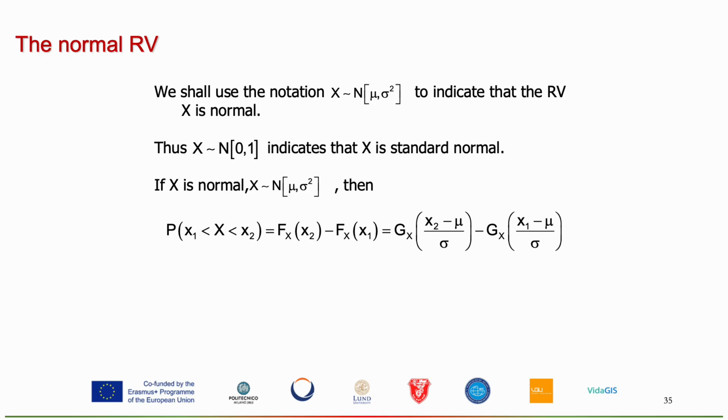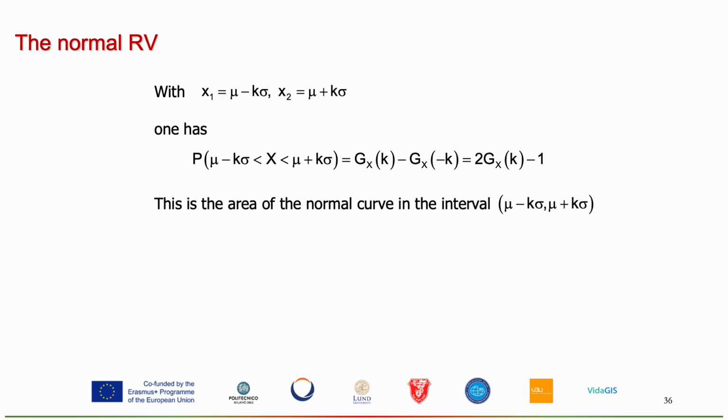A specific mathematical property is that when x is normal, the probability that x is between x1 and x2, as usual, is the cumulative function at x2 minus the cumulative function at x1, and this can be written as g of (x2 minus mu) over sigma minus g of (x1 minus mu) over sigma.